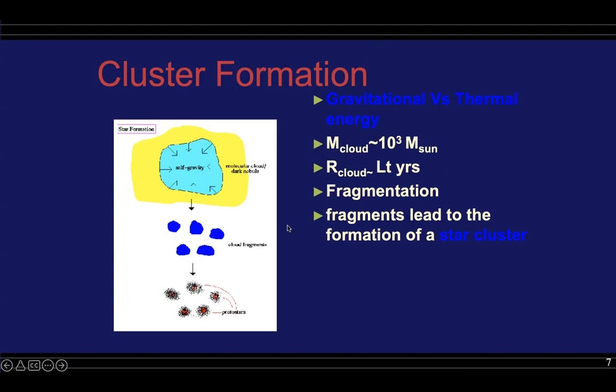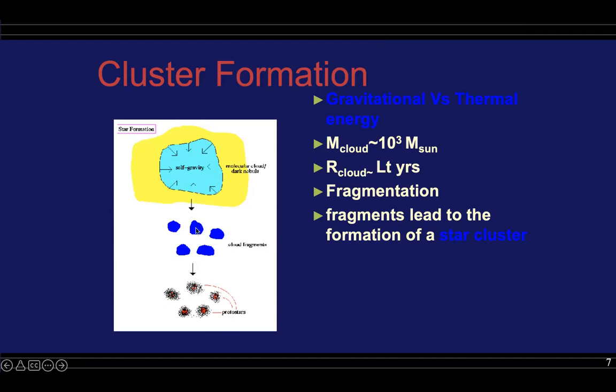As it starts collapsing and the density starts increasing, it forms fragments in it, and these fragments form different stars. So you can see protostars being formed here. There's a big cloud which collapses.